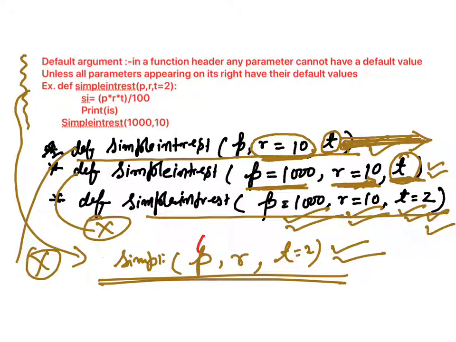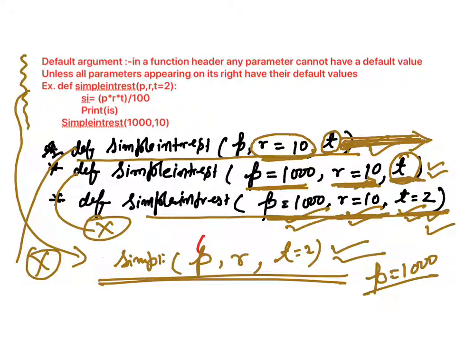It doesn't mean that you have to give the values for all. Suppose you are giving only for T, then you can leave P and R. But when you are giving P, you must give R and T before that. It means only P equal to 1000 is not possible if you are not giving the values of R and T. I hope it should be clear.